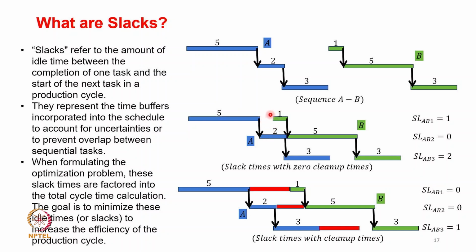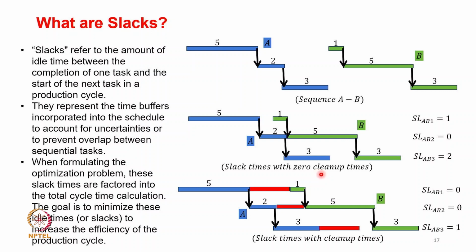Stage 2 of B can be started immediately after stage 2 of A, which takes 5 hours. Then when that is over, stage 3 takes 3 hours. So in this case the slack has become 2 hours. This entire process is 5, and here there is 2 hours.